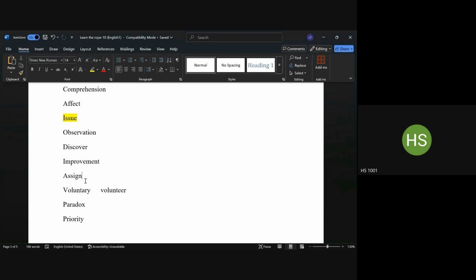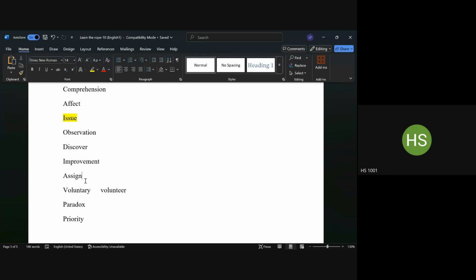Then comes volunteer. If you have a word like volunteer, where do you mark the stress? Volunteer is a noun, right? Voluntary is an adjective. Volunteer is marked on tier.